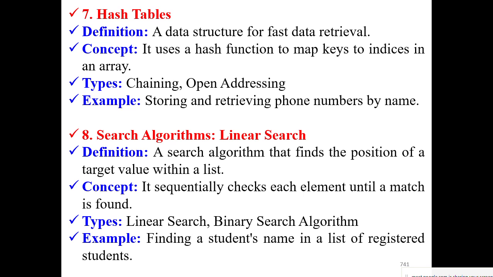So a hash table is a linear data structure for fast data retrieval compared to other searching techniques. It uses a hash function to map keys to indices, meaning index positions, like A[0], A[1] in an array.